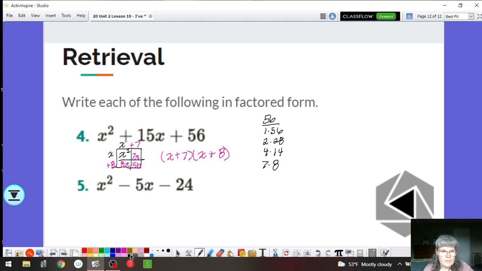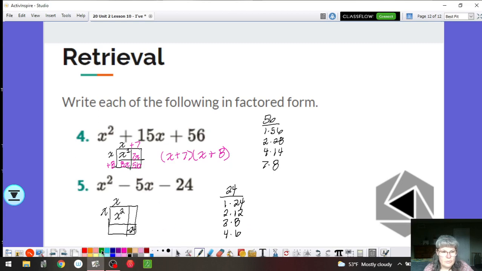And finally, x squared minus 5x minus 24. We're going to be looking for what multiplies to give us negative 24. To get 24, we have 1 times 24, 2 times 12, 3 times 8, and 4 times 6.